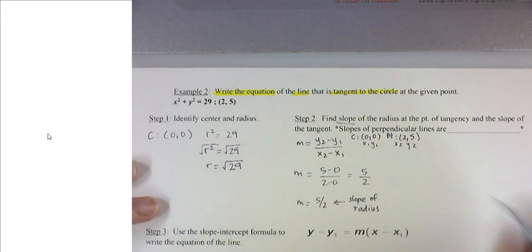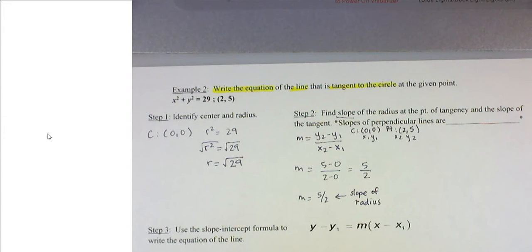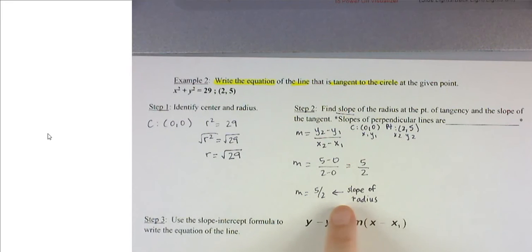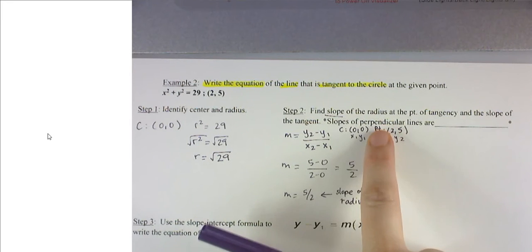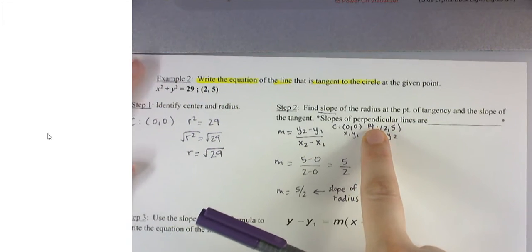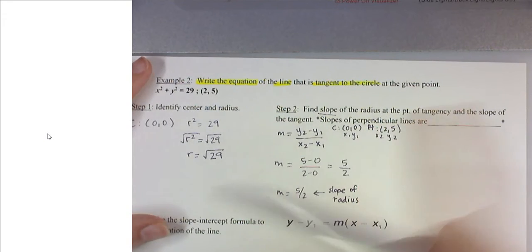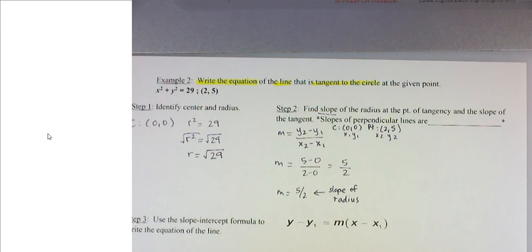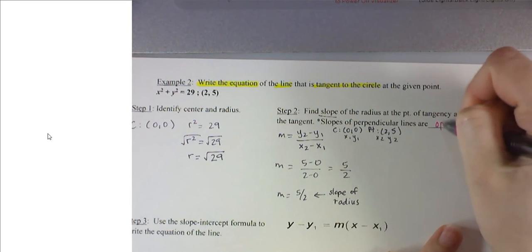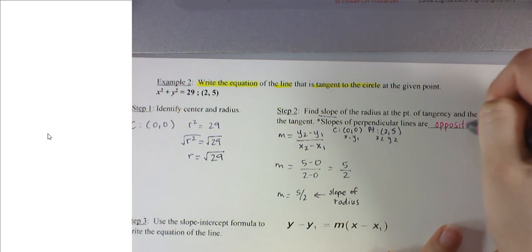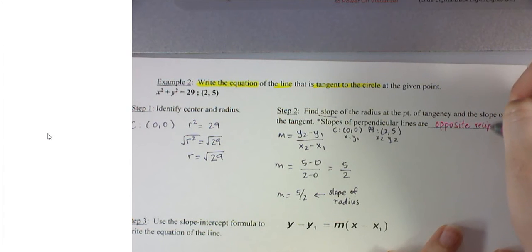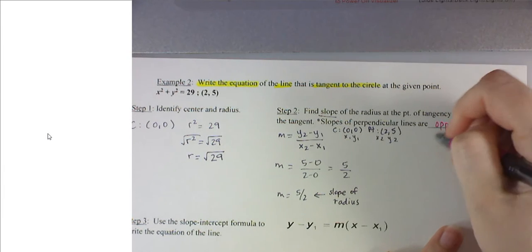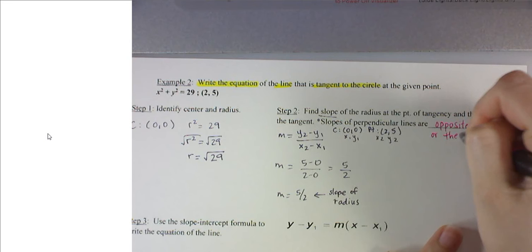Well, what we know is that these two lines are perpendicular. You might remember from Algebra 1 or geometry, the slopes of perpendicular lines, you can think of them in two ways. Sometimes you'll hear them as opposite reciprocals, or their product is -1.